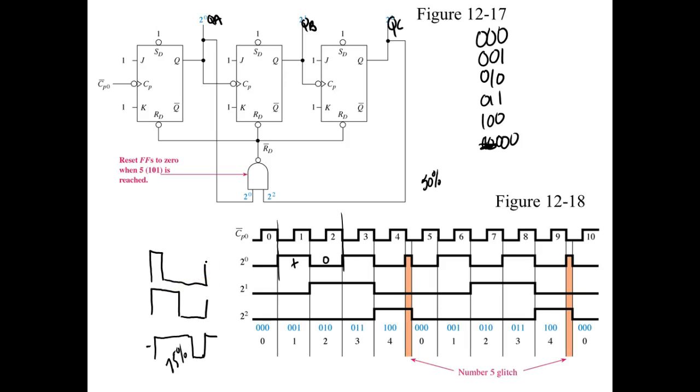Then my duty cycle here might be 10%. Now, this is important because of the average DC that we get out of this thing. So which one would give us the most? A duty cycle of 75%, 50%, or 10%? Which would be the highest average DC out of this?